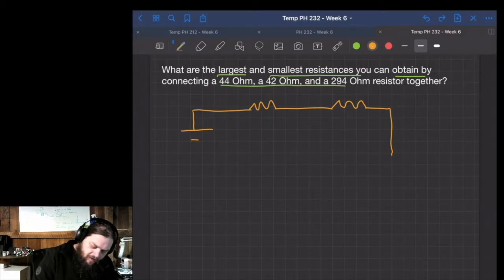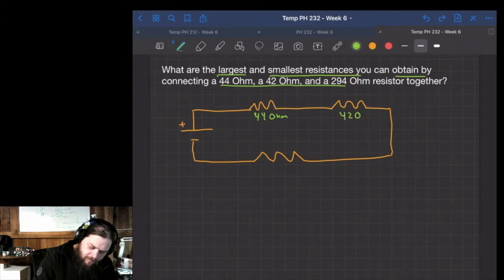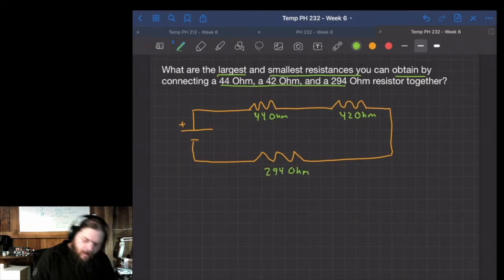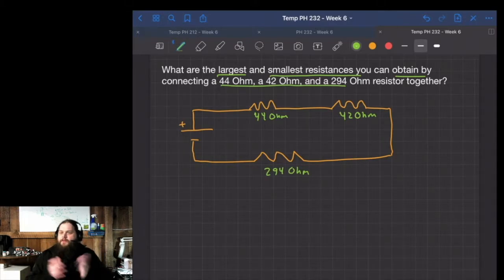That's a terrible looking resistor. There we go. So if I say that this one's 44 ohms, this one's 42 ohms, and this one's 294 ohms, it doesn't matter which order we put them in because we're adding them all together.